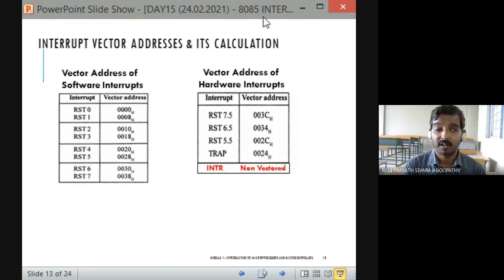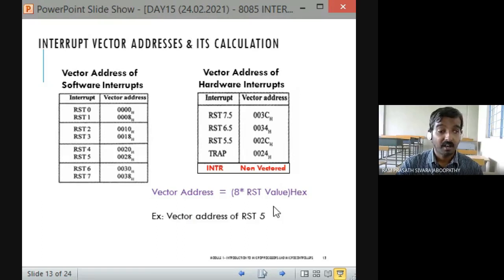How is the address calculated by the CPU? There is some internal hardware designed by Intel which generates the vector address. It is calculated like this: 8 into the RST value in hexadecimal. For example, consider RST 5, the vector address of RST 5.